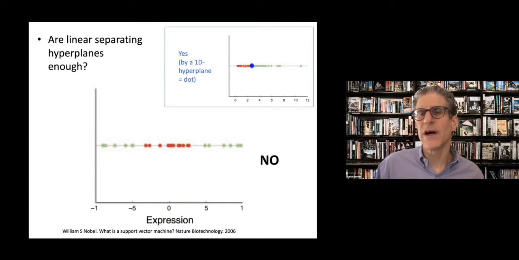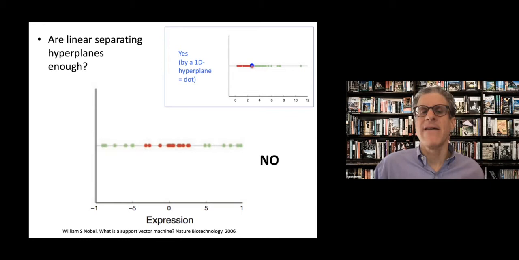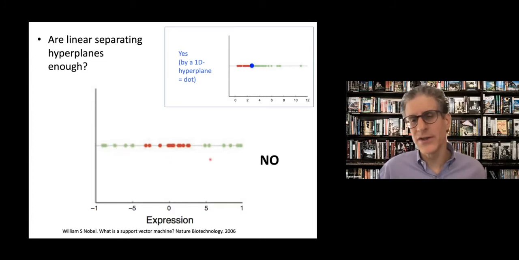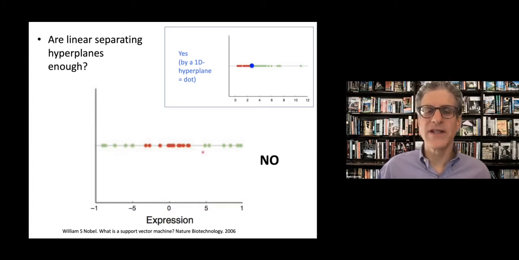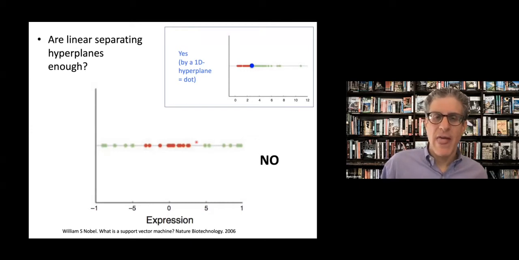If we have two groups of things, say here's the AML and this is the ALL, and they're perfectly separable on this line, a dot would be a plane that would separate them, okay? Now, imagine we had a situation that looked like this, where we have one group of things on either side, and the other group in the middle. You can see there's just no way of making a dot or a 1D hyperplane here that will separate these things. So what do we do?